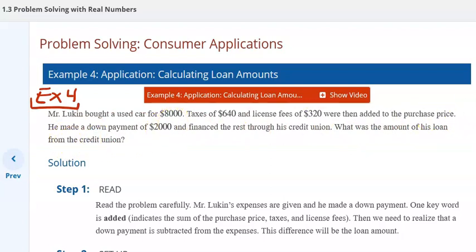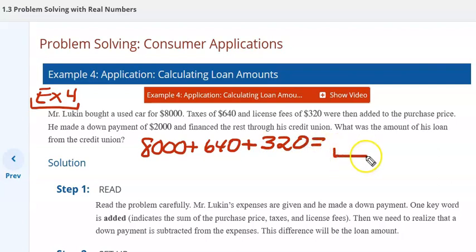Well, as you can see here, and I'll set this one up with you, we have an $8,000 cost of the car plus the taxes plus the licensing fee here, and that's going to give you a total, which you will add up.